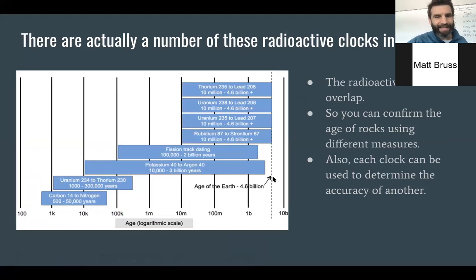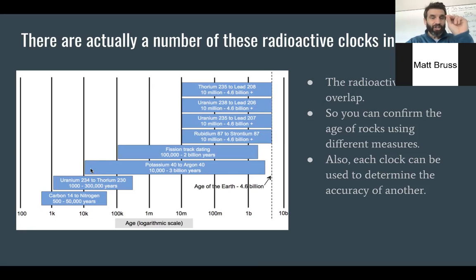And one thing that's really interesting is that this potassium and argon clock can be used all the way back. Scientists are so good at measuring the amount of argon that they can date this all the way back from 10,000 to over 1 billion years based on the small amounts of argon that would be here.